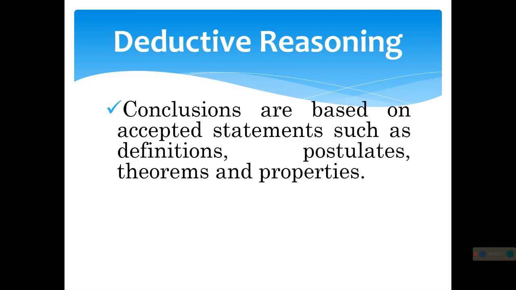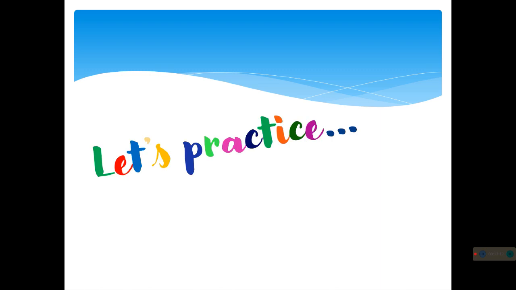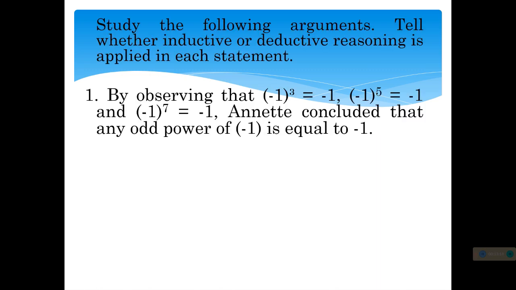So, like the quadrilateral example here. Conclusions must be true if the general statement is true. So therefore your conclusion will be based on your general statement. So that is all about deductive reasoning. Okay, so I hope it is clear. So let's practice. Okay, so you are going to study the following arguments.